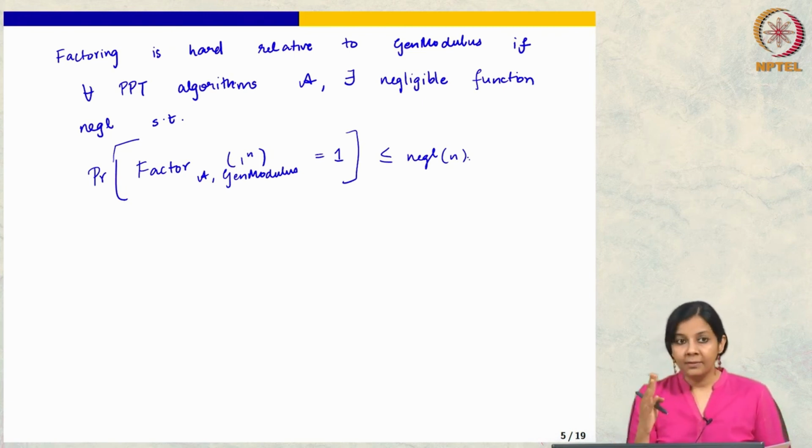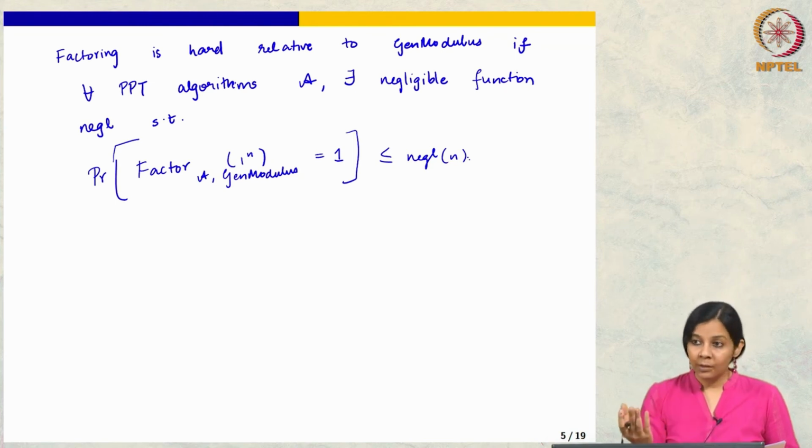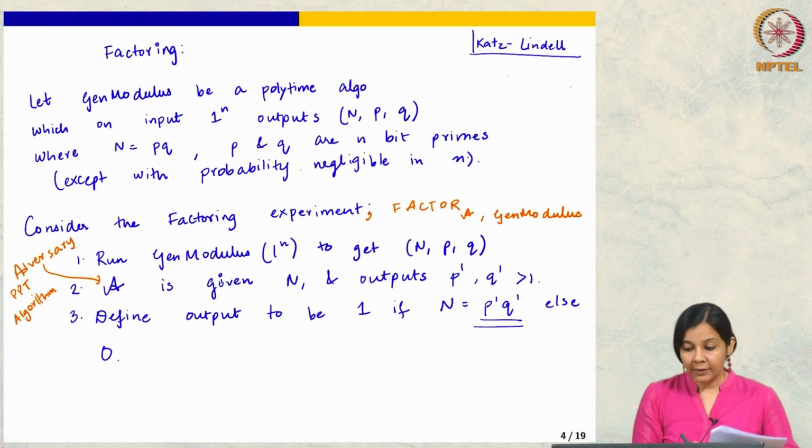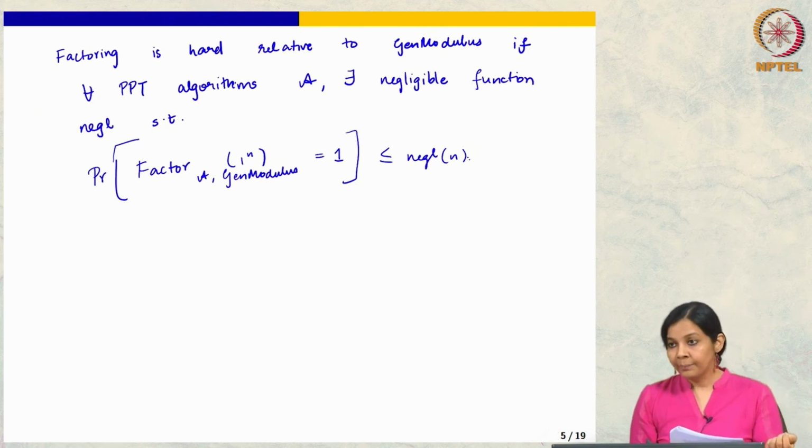So, this is very standard crypto parlance. Familiarize yourselves with it. What we are saying here is that we define factoring to be hard relative to a given gen modulus if for any PPT algorithm A, the probability that the factoring experiment which we defined in the previous page outputs 1, which means that I used gen modulus to generate something, I fed it to the adversary, and it outputted valid factors, the probability that all this happened should be negligible in n.